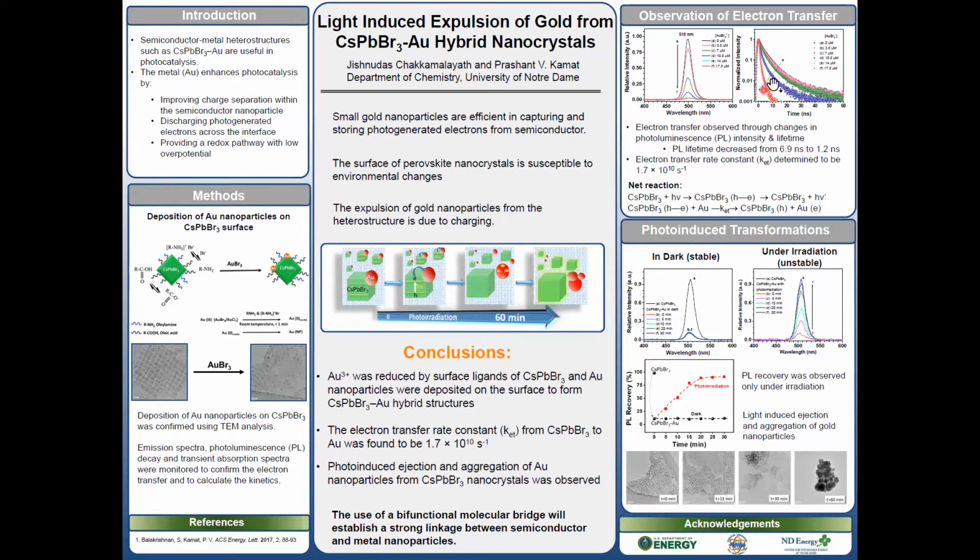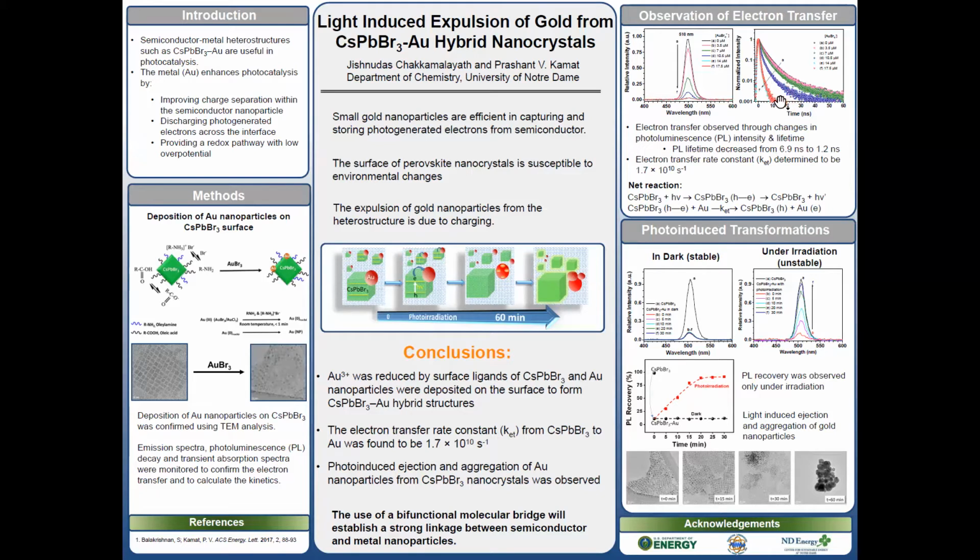Looking at the numbers, the average lifetime decreased from 6.9 nanoseconds to 1.2 nanoseconds, which is really fast. The decreased lifetime with increasing gold concentration supports the electron transfer quenching of the CsPbBr3 bromide by the gold nanoparticles.